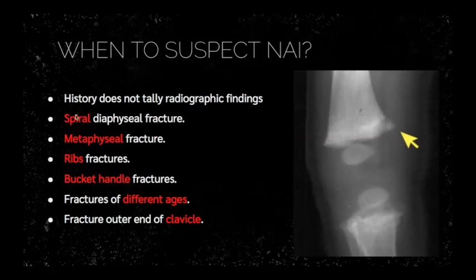Again, a spiral fracture is suspicious, and the patient might have either a metaphyseal fracture or rib fracture, bucket handle, and fracture of the outer end of the clavicle. Mid clavicle fracture is okay, it's quite common for children, but the outer end of the clavicle is highly suspicious of NAI.